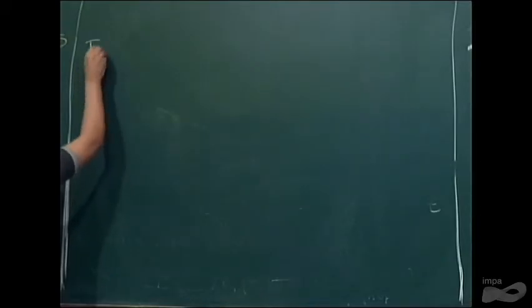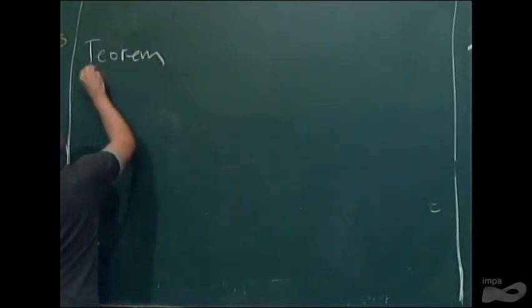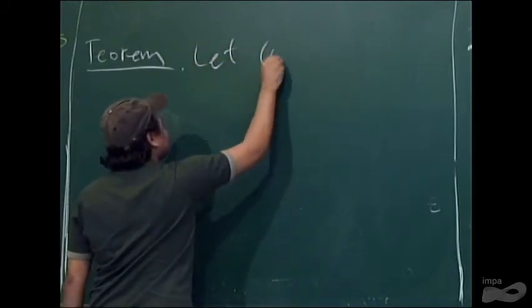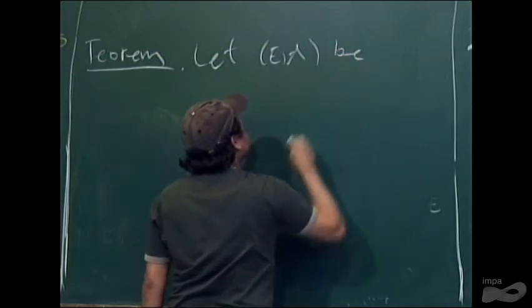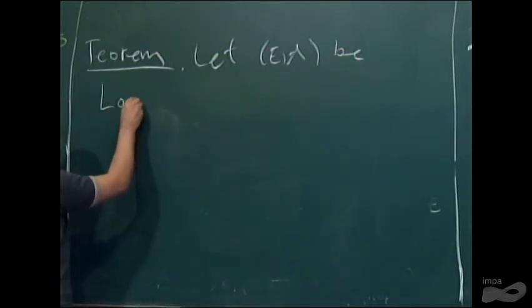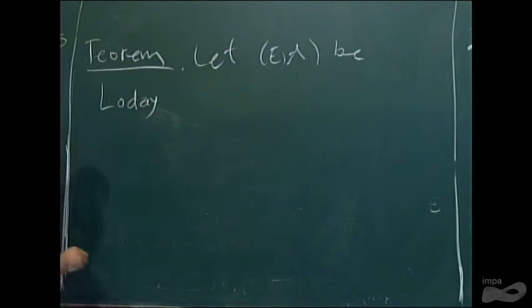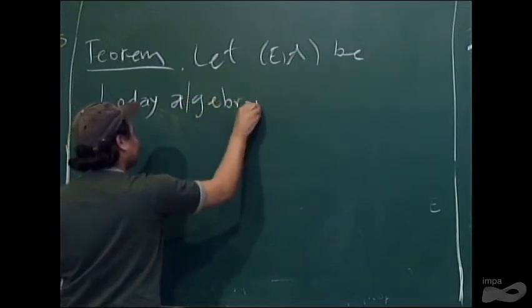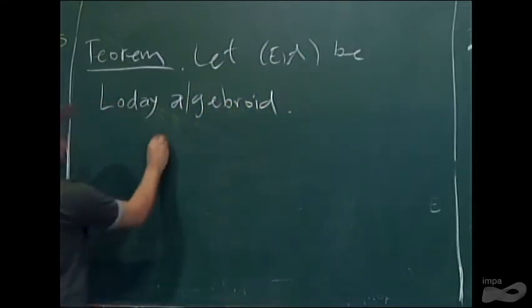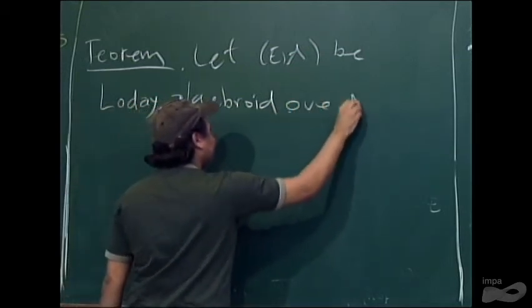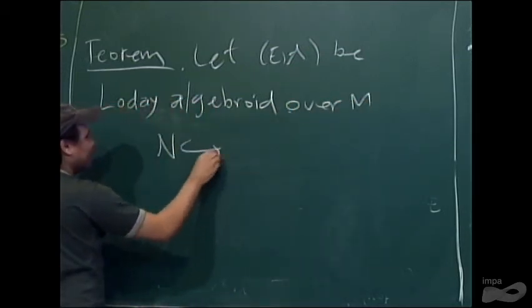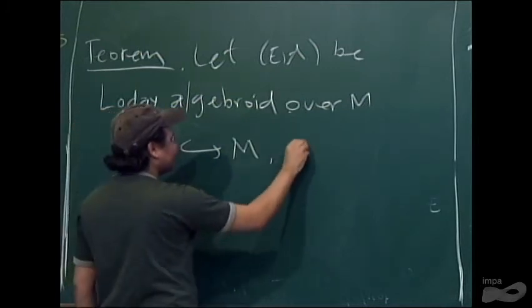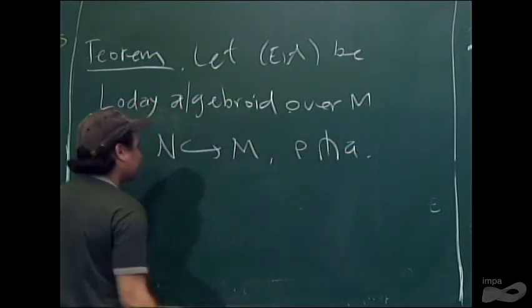Consider a Loday algebroid. Sometimes I call it a Leibniz algebroid; you can just think of it as the same thing I defined. Consider a Loday algebroid E over M, and take N as a submanifold that is anchor transverse, so transverse to its anchor.